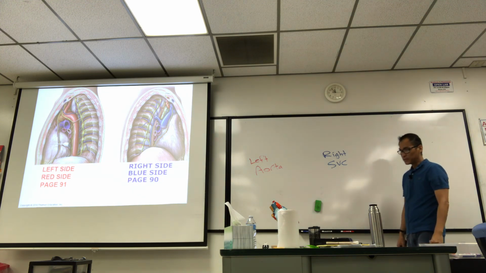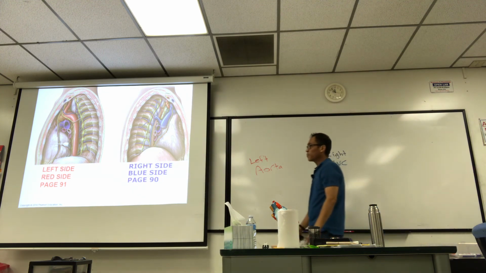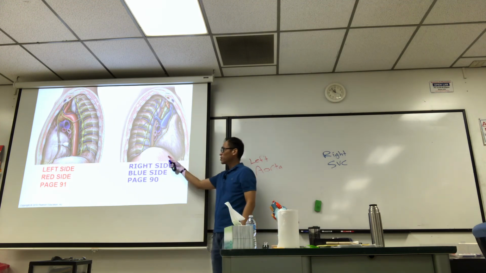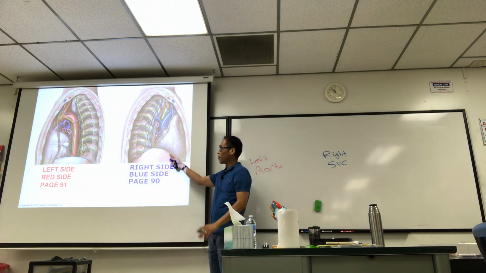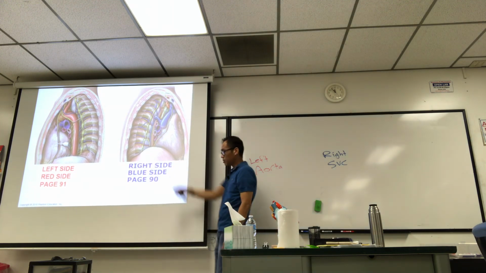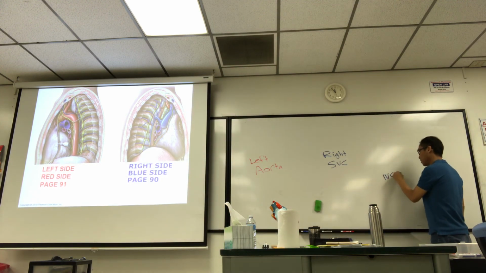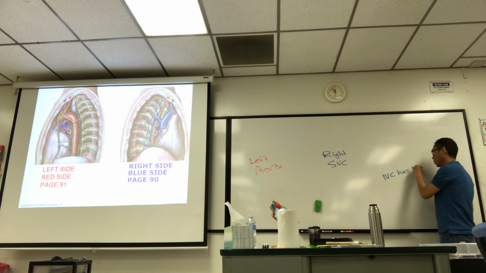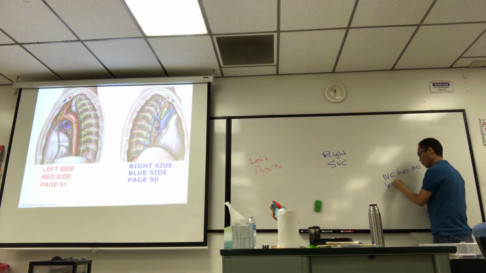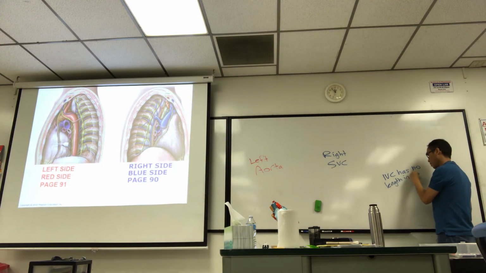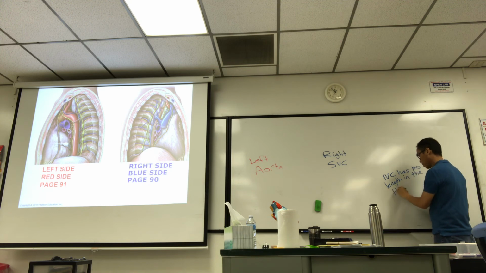As soon as it goes through the diaphragm, it disappears into the heart. So the inferior vena cava has no length in the thoracic cavity. Put that as a side note. IVC has no length in the thoracic cavity.